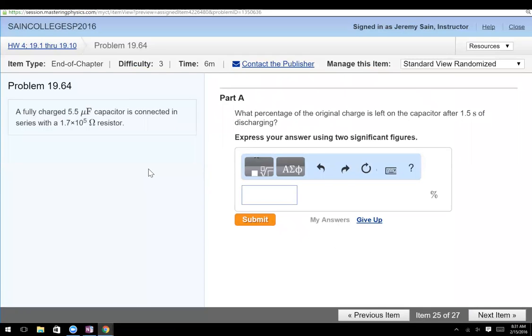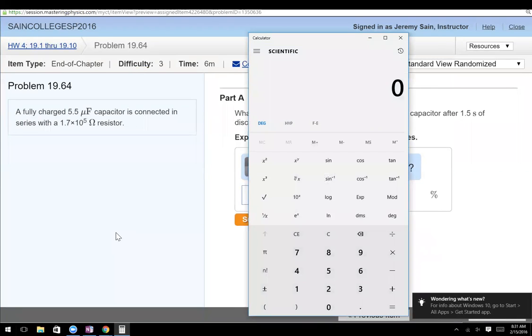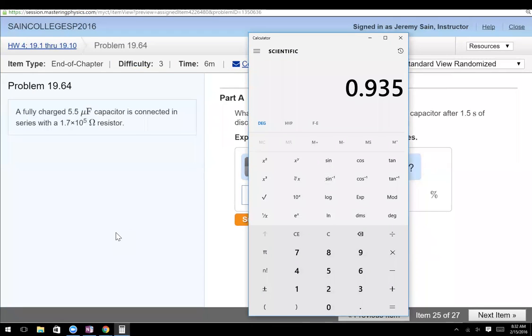So the problem says, okay, here's our C, here's our R. So the first thing we're going to do is just multiply them together. 5.5 times 1.7. And let me actually put 0.17 because one's 10 to the minus 6, one's 10 to the 5th.